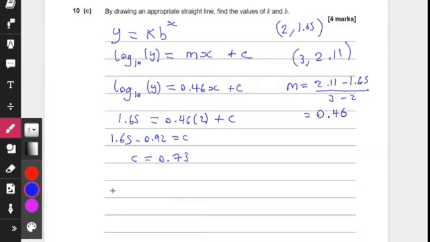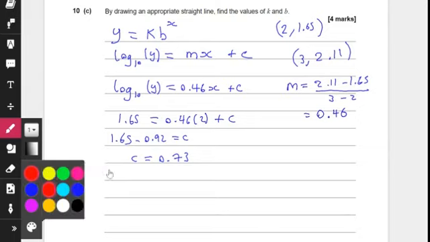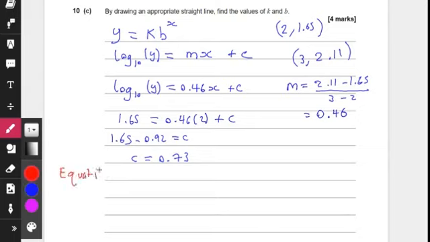So our equation would be, just to make it easier for you guys to see, log to the base 10 of y equals 0.46x plus 0.73.